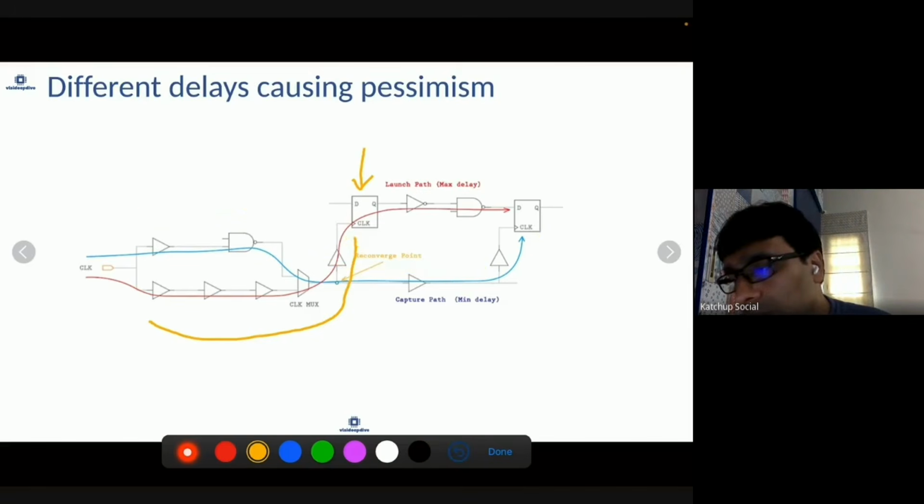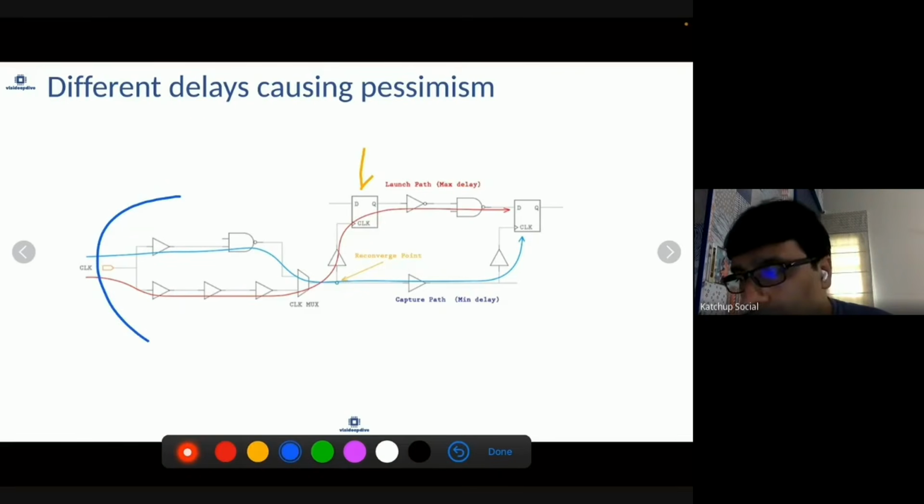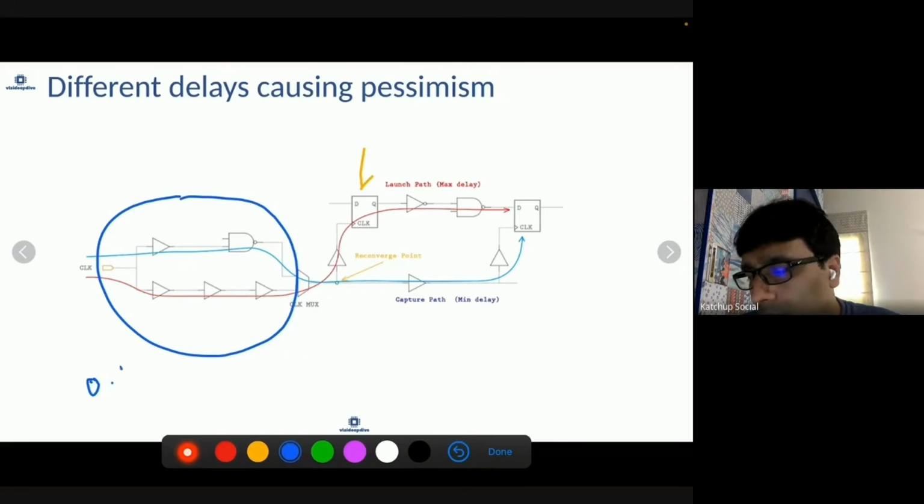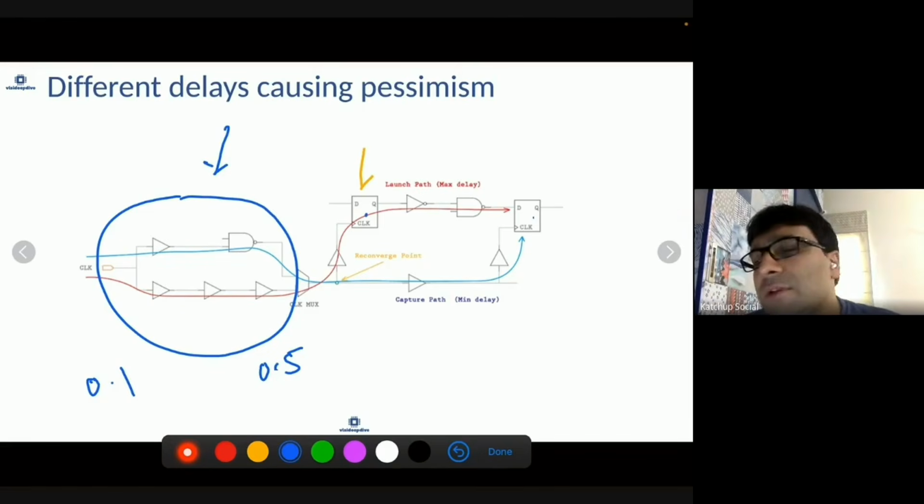Now, if the clock logic has some portion which is common, in this case this part of the logic is common, either you can have a delay value of 0.1 on this on real silicon, or a delay value of 0.5 on this. Basically, this part of the logic will always have some delay. And if you're using a different delay value for launch and capture, that is pessimistic, but it's undue pessimism.